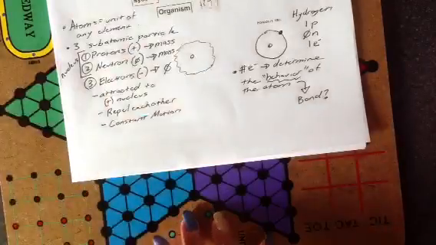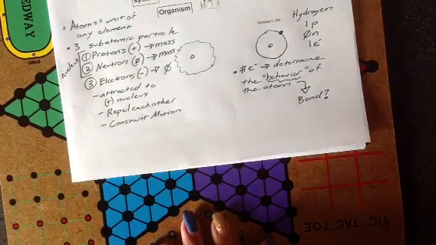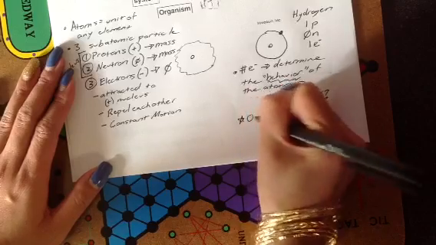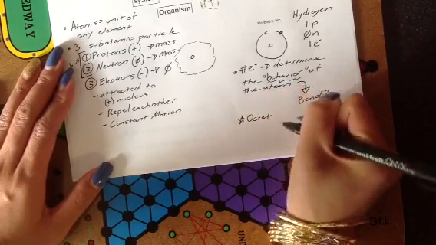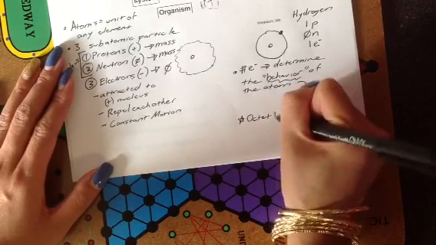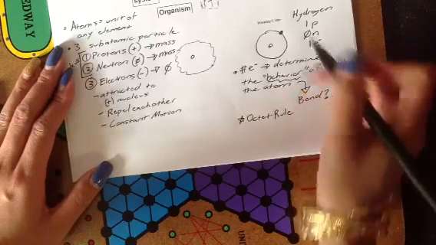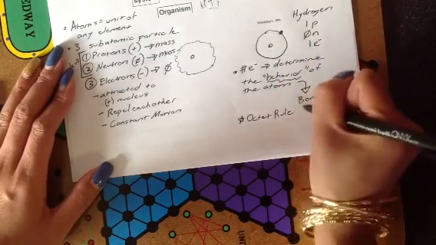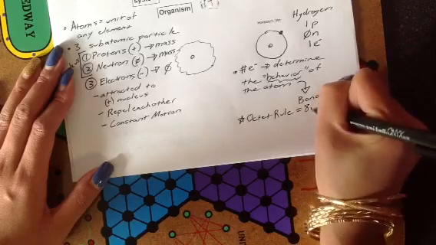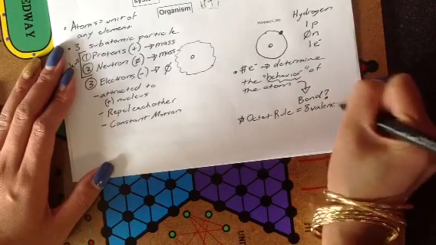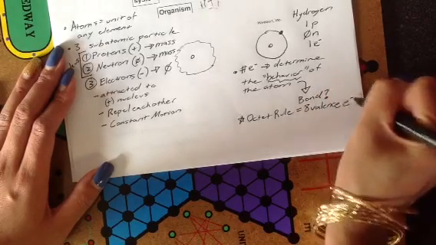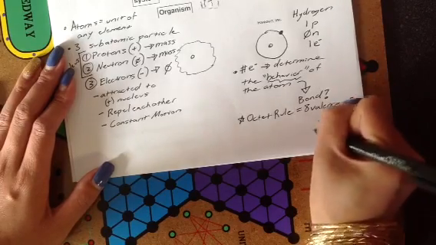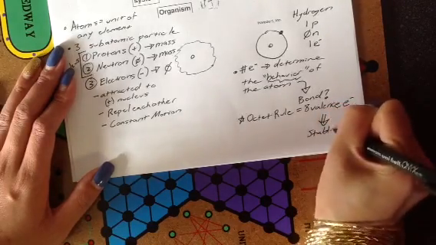And one of the main rules or reasonings to how it bonds is what's known as the octet rule. Okay? The octet rule says that on the outer shell of the atom, it wants to have 8 what are known as valence electrons. And if it gets those 8 valence electrons, it becomes very stable.